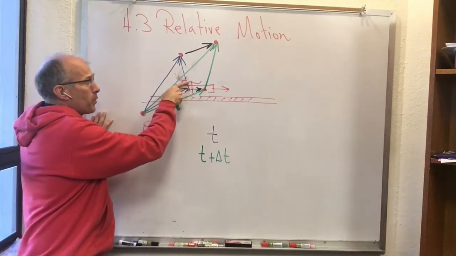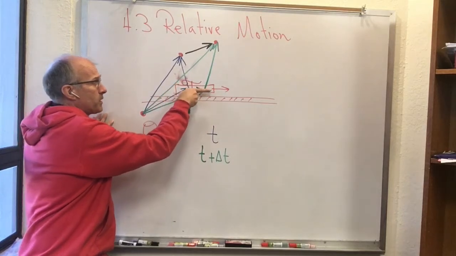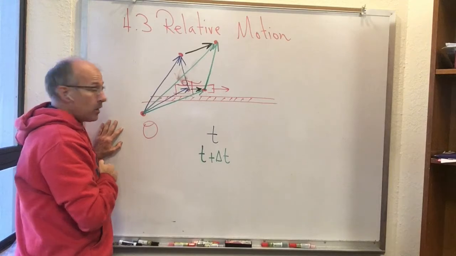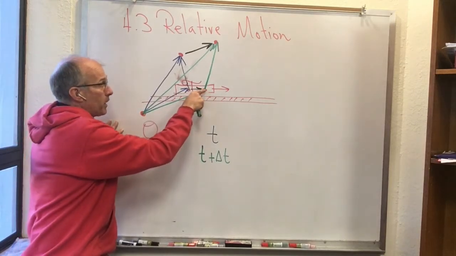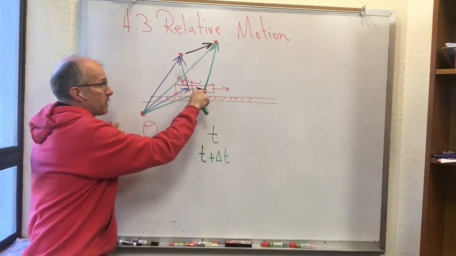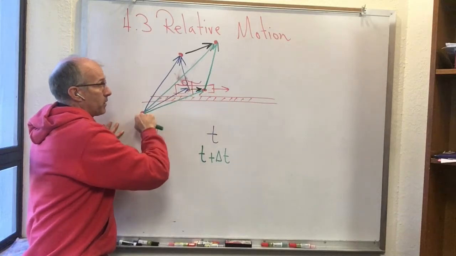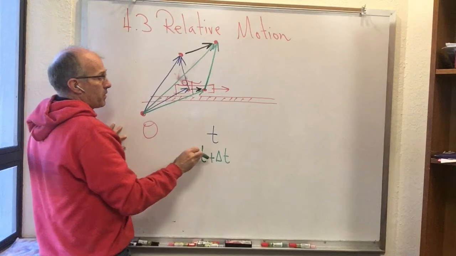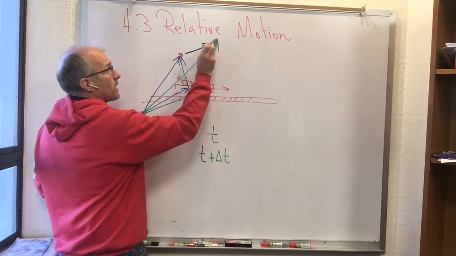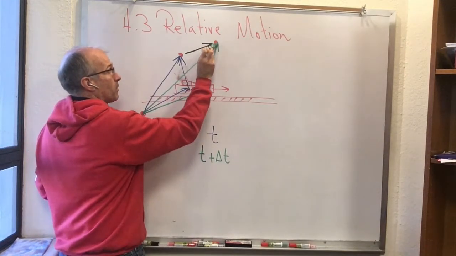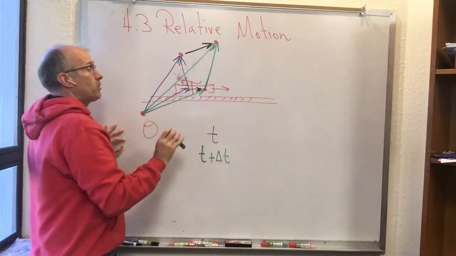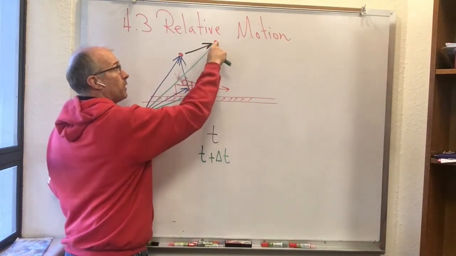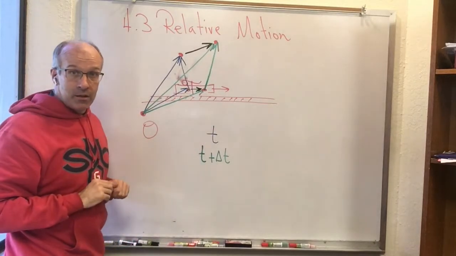Of course, the person on the train, because the train's moving that way, has moved some according to you. According to you, their position vector is now this green vector here. According to the person on the train, the plane is now here. You see this third green vector? That shows where this person at time t plus delta t says the plane is at time t plus delta t.